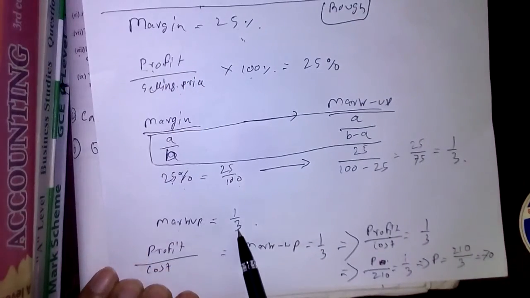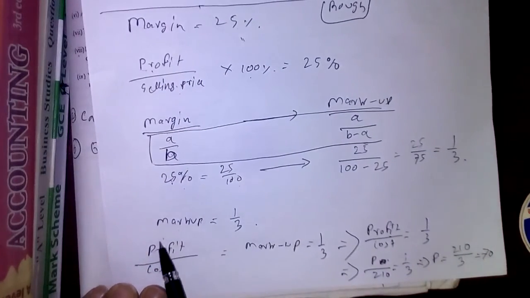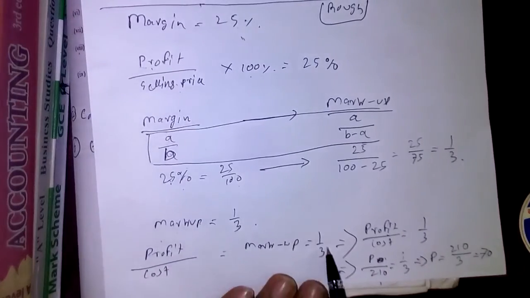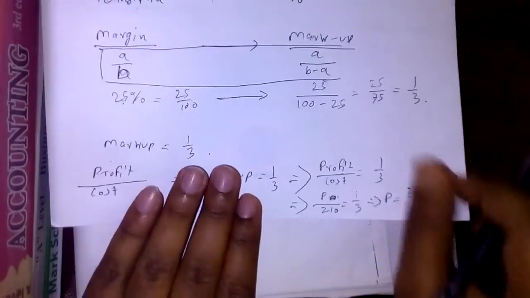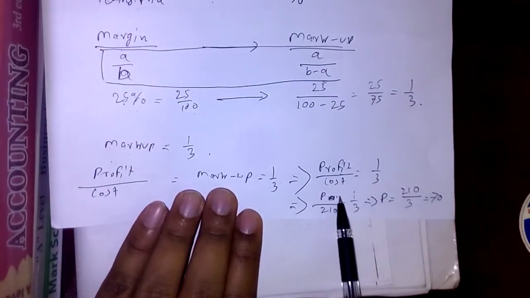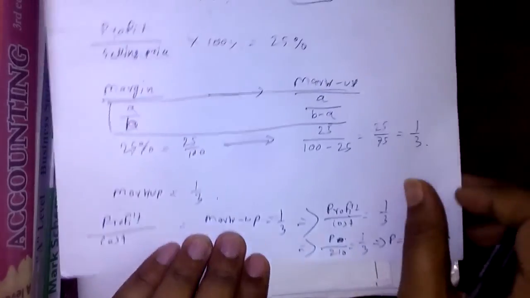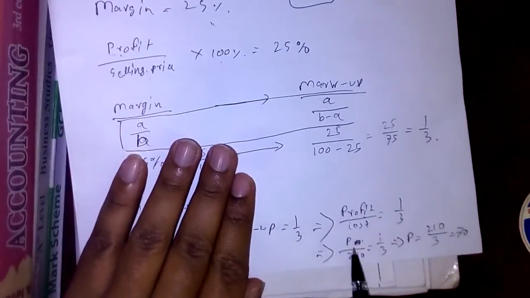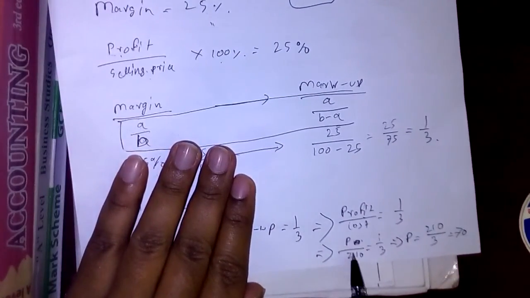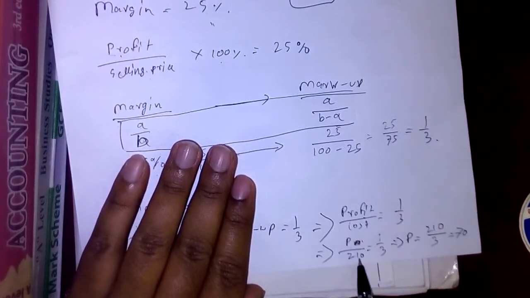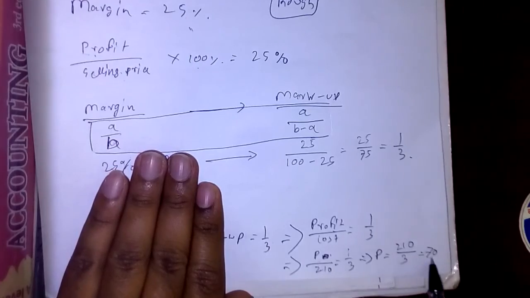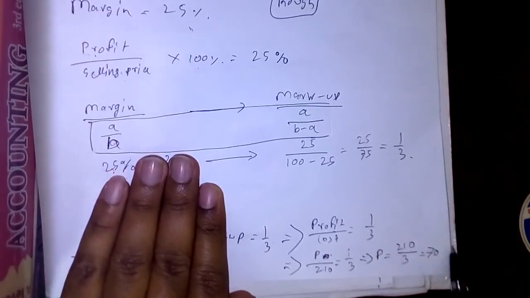Markup equals 1 by 3. Markup formula is profit by cost equals markup equals 1 by 3. Now put the value of the cost from the information over here, 210. So profit by 210 equals 1 by 3. So profit will be 210 divided by 3 equals 70. So that is your profit.